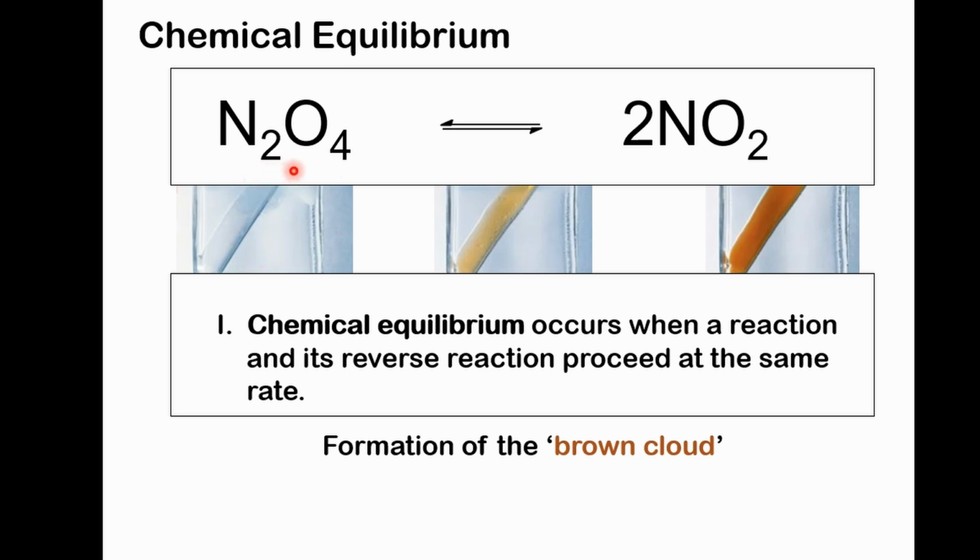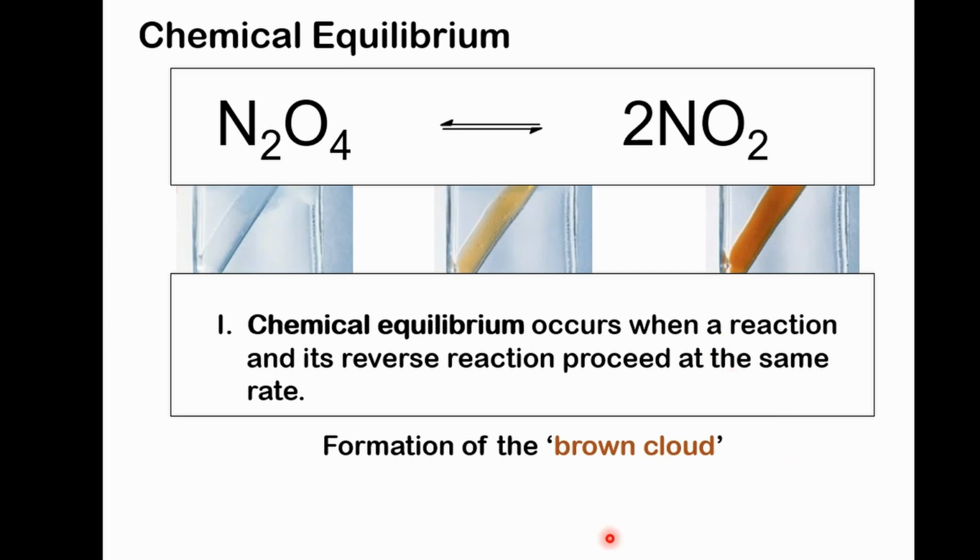And so if you start out with some of this, it'll react and turn into NO2, which is brown. And how many of you, when you drive down to Colorado and you leave Cheyenne, what's the first thing you might see? The smog. The brown cloud. And then today with the forest fire, you can see a lot of brown in the sky. So this is what's responsible for that brown cloud.